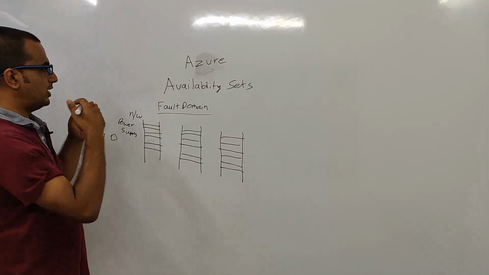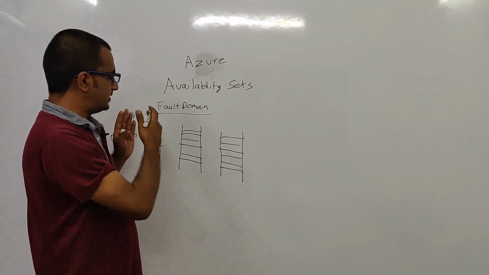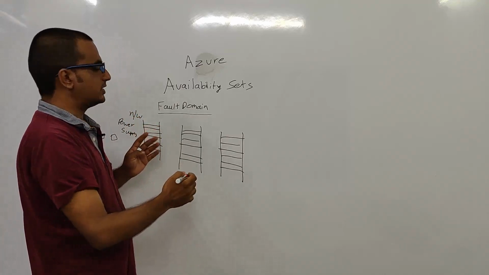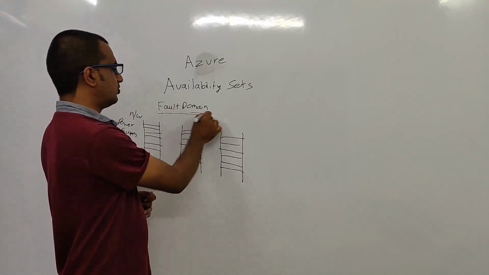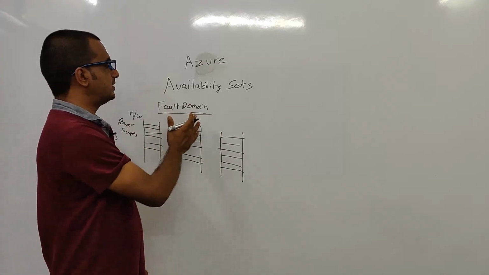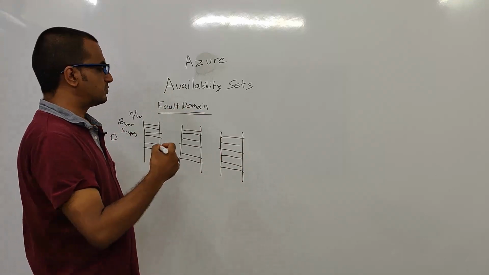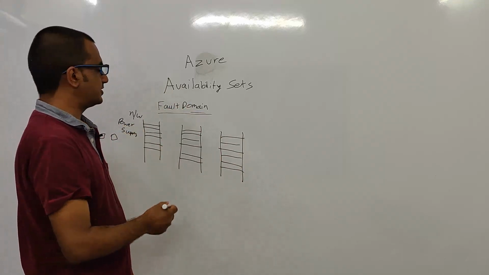In order to avoid this particular scenario, Azure provides this fault domain in the availability set, where we are able to select the number of fault domains we can install these VMs on. This works in a round robin fashion.